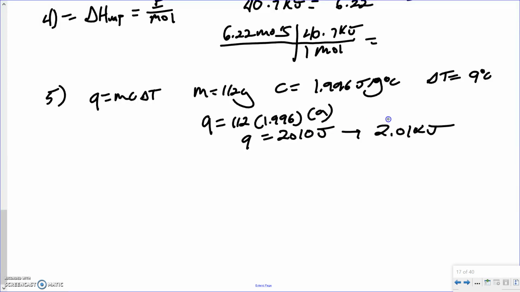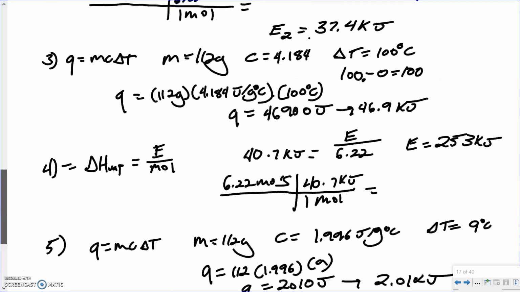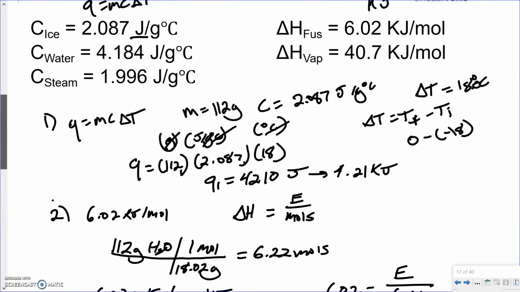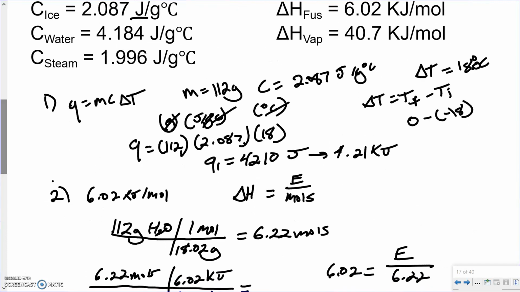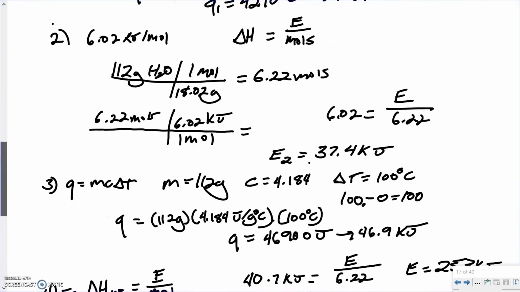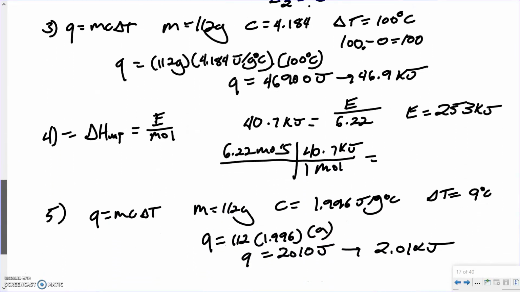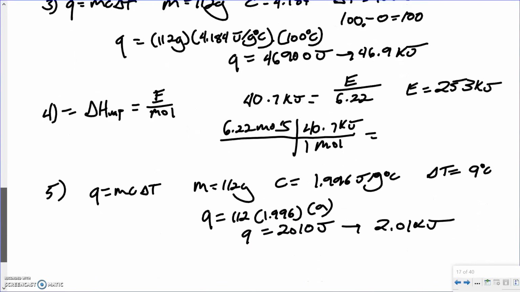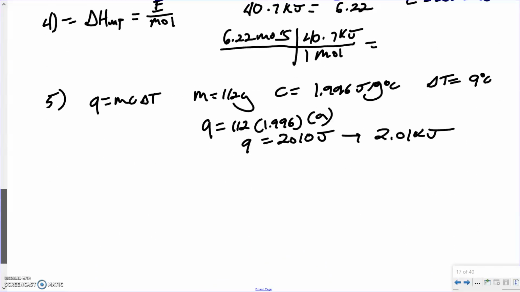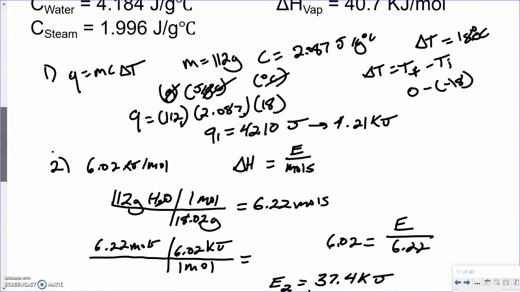Okay, so now that we're done calculating all these, what do we do with them? Well, the total energy change, which is what we're trying to find, is all of these added up. So we're going to take our 4.21, our 37.4, our 46.9, our 253, and our 2.01, and add all these up together. So come back up to the top.